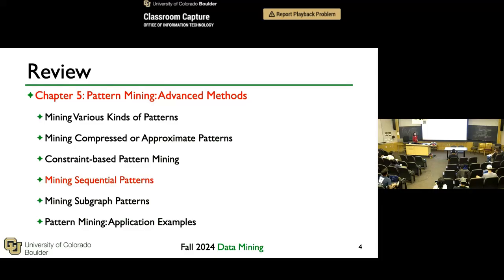Constraint-based pattern mining is where we try to incorporate a lot more information from the users and from the domain, so that you can guide your pattern mining process. Because in the real world, usually you don't want to just throw in all your data and ask for everything. That would be too many, it would waste a lot of your time, and you may not find the most interesting ones.